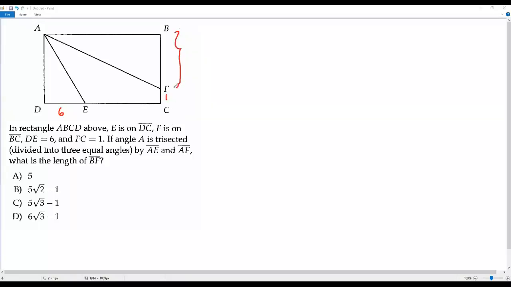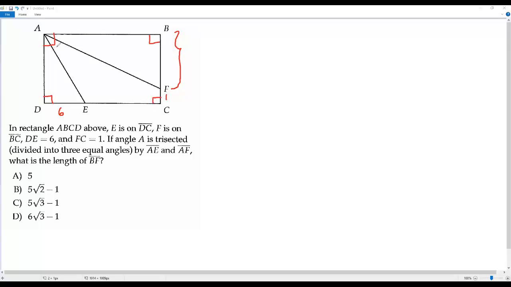So they ask us to find the length of BF. And the question says the angle measure A is trisected. That means it has been divided into 3 equal angles by the line segments AE and AF. In a rectangle, we know that each vertex angle will be 90 degrees. That is a right angle. So here we have a right angle, here we have a right angle, here we have a right angle, and here also we have a right angle.